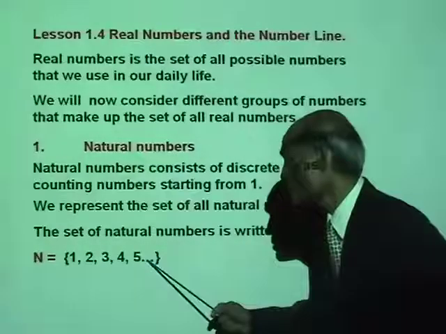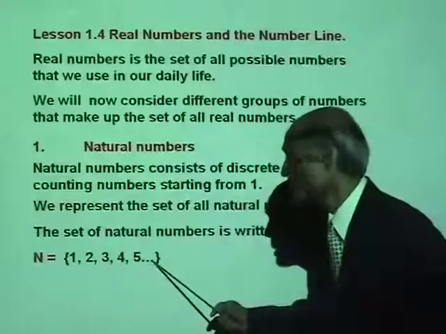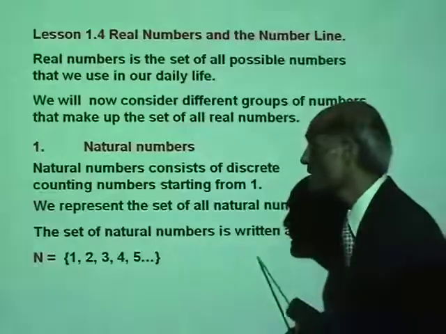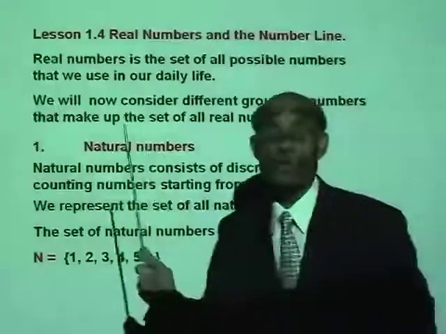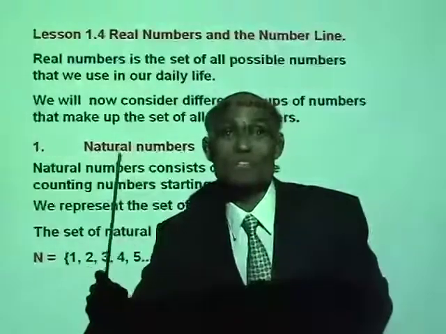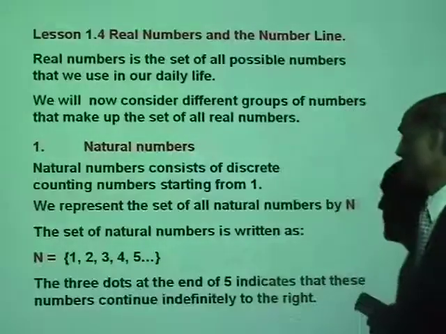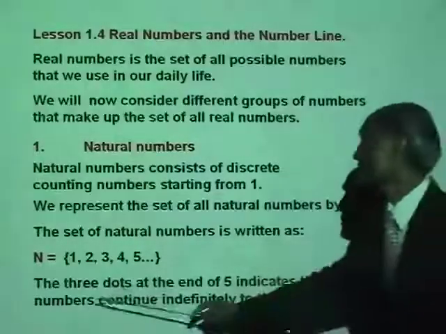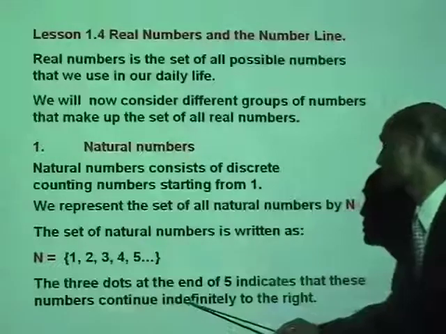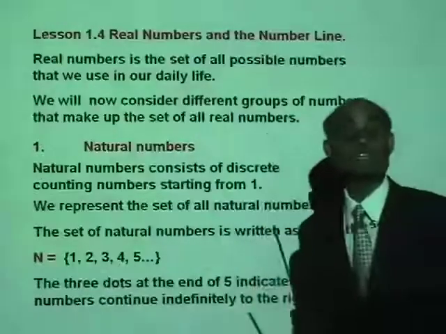And look at these dots there. It tells me that it goes indefinitely to the right all the way to positive infinity. The 3 dots at the end indicate that these numbers continue indefinitely to the right.